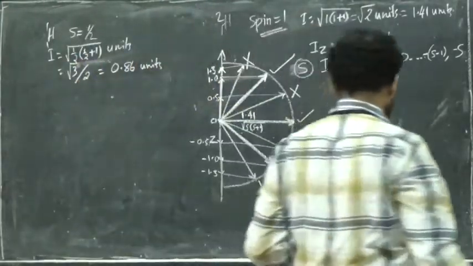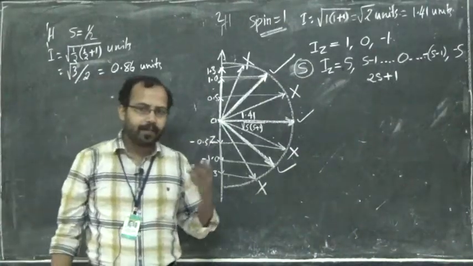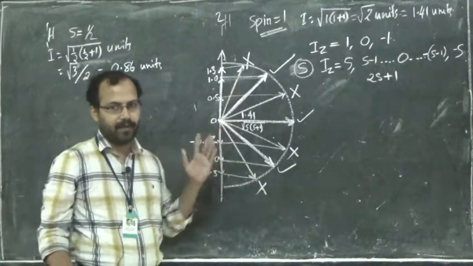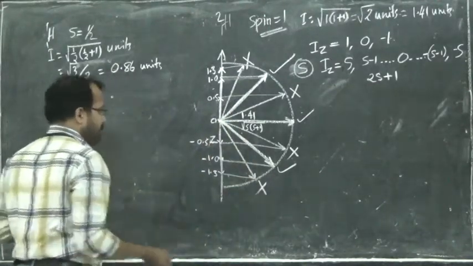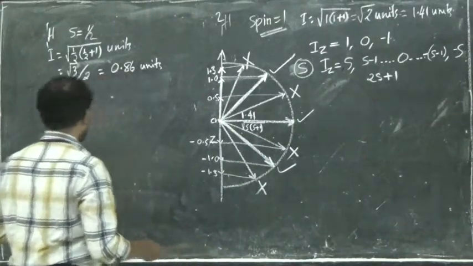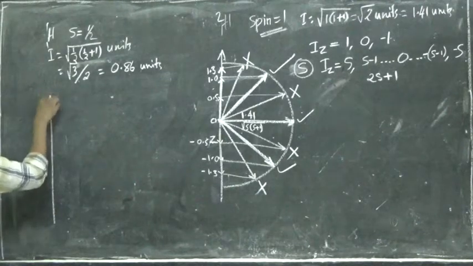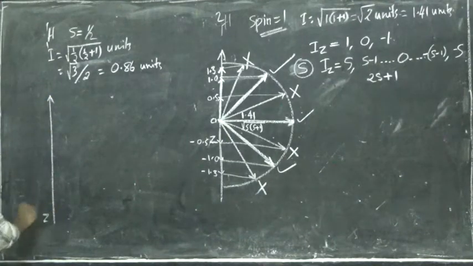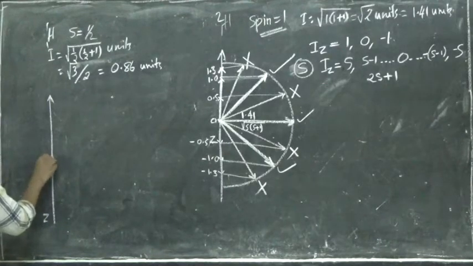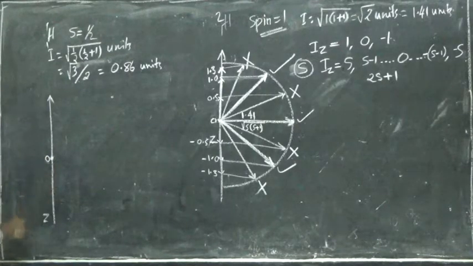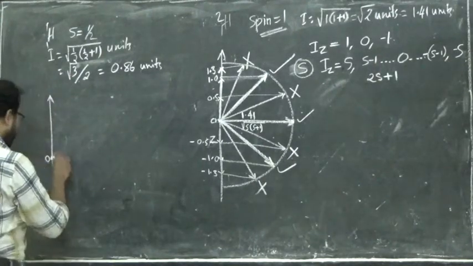Therefore, the angular momentum of the H11 nucleus having spin half is equal to 0.86 units. And now we are going to consider all the arbitrary directions of this angular momentum with respect to the reference direction. Again, our reference direction is the Z direction, the Z axis, and this is the origin, the point where it is 0.